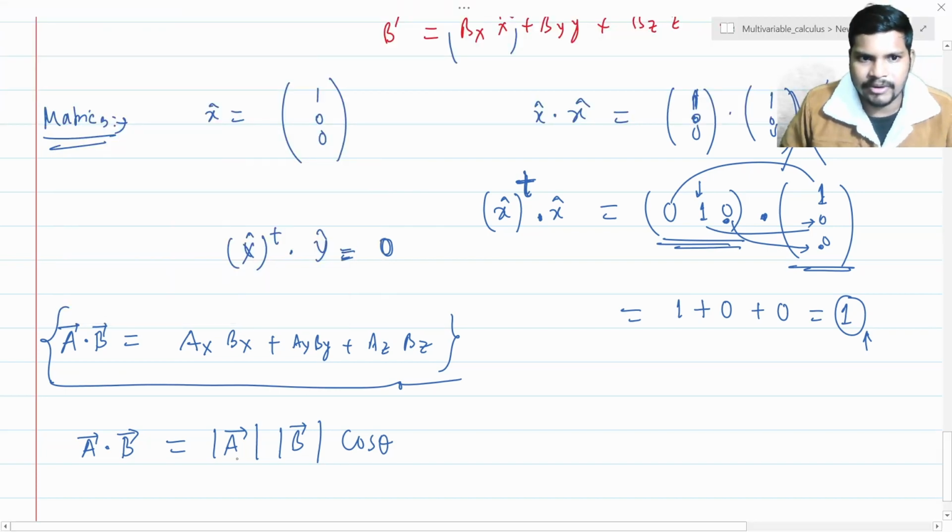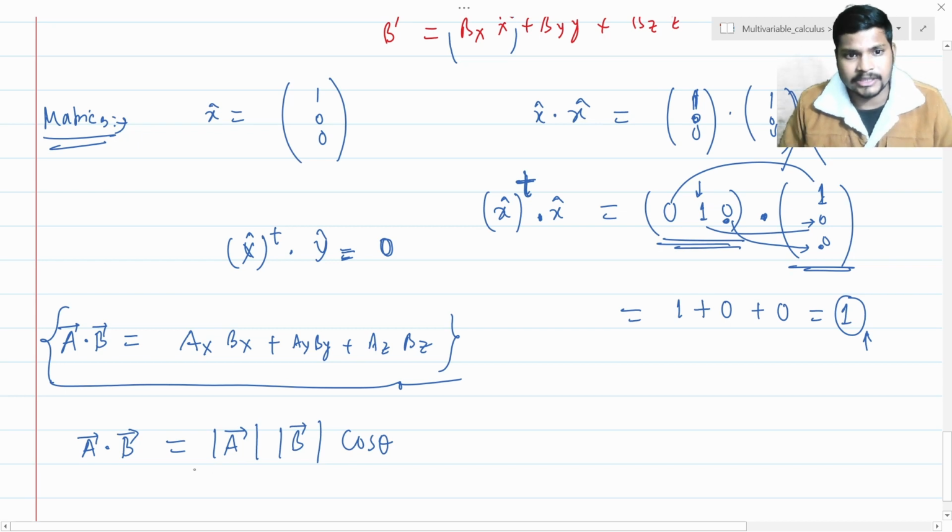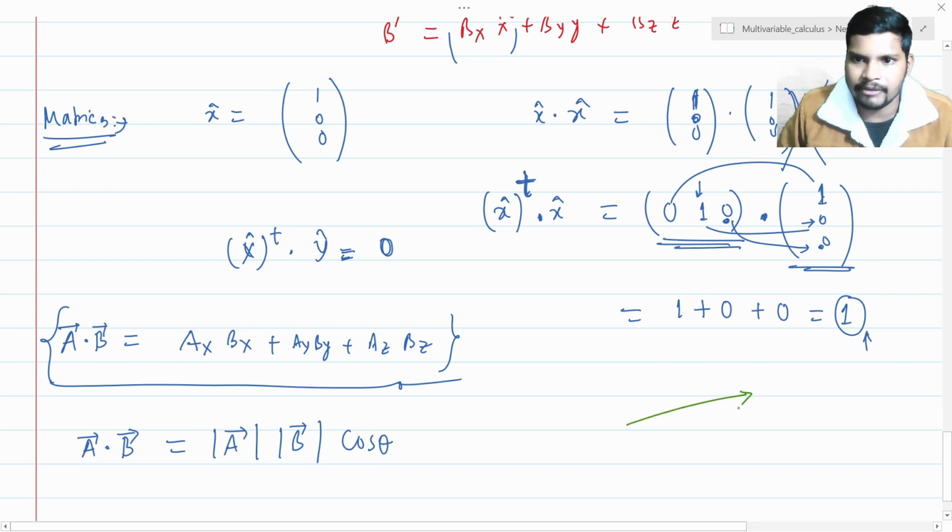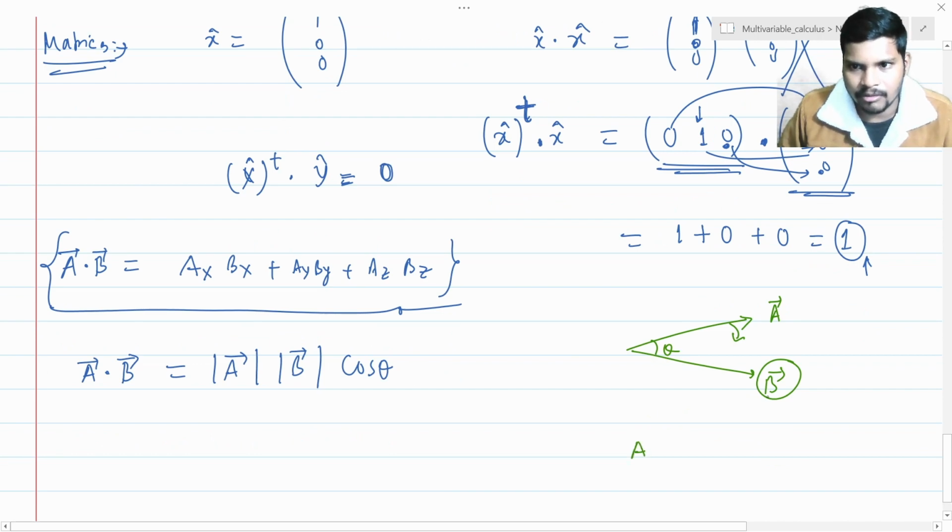Now this is the same thing. Let us say you have an a vector and a b vector. If you do the dot product, what you are first doing is taking a projection of a onto b. Taking a projection on b is basically a dot the unit vector b hat.